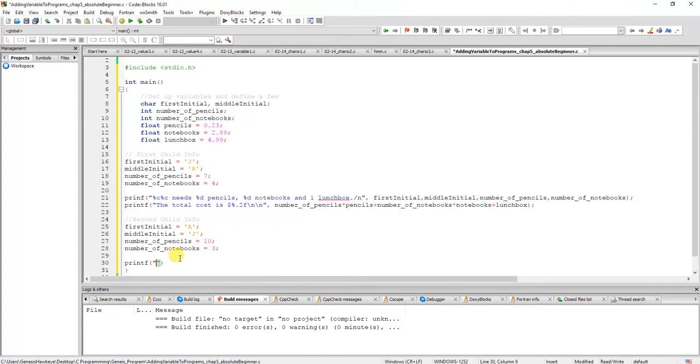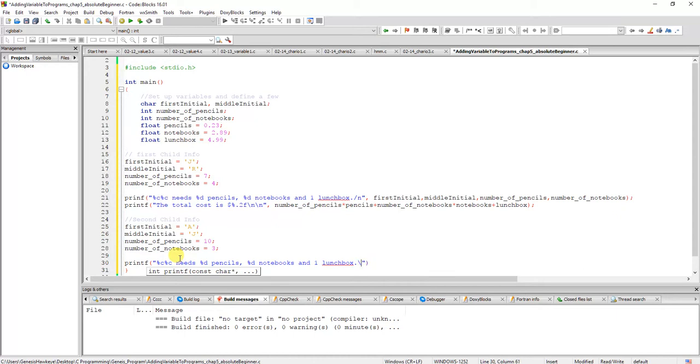So printf, percent character, whatever his name is, needs percent D pencils, percent D integer of notebooks, and 1 lunchbox. Period.